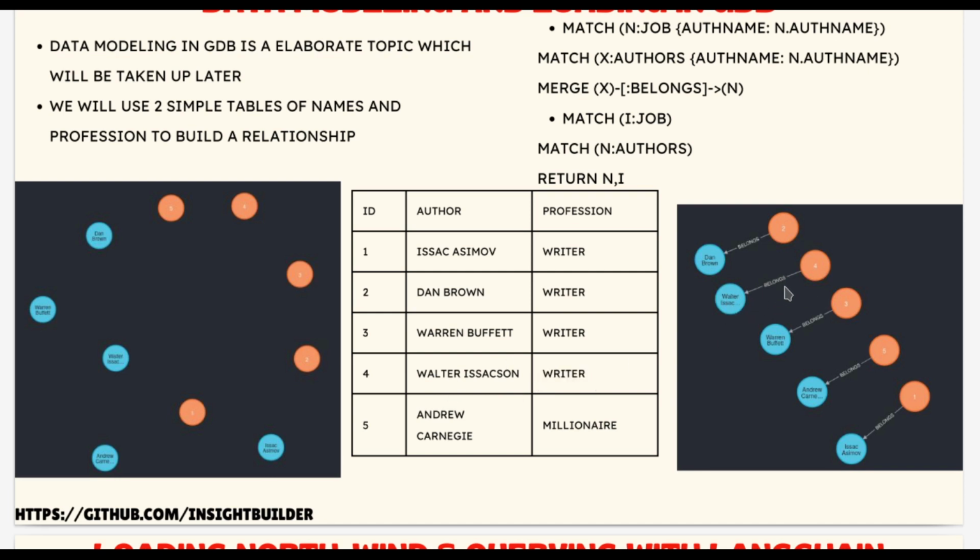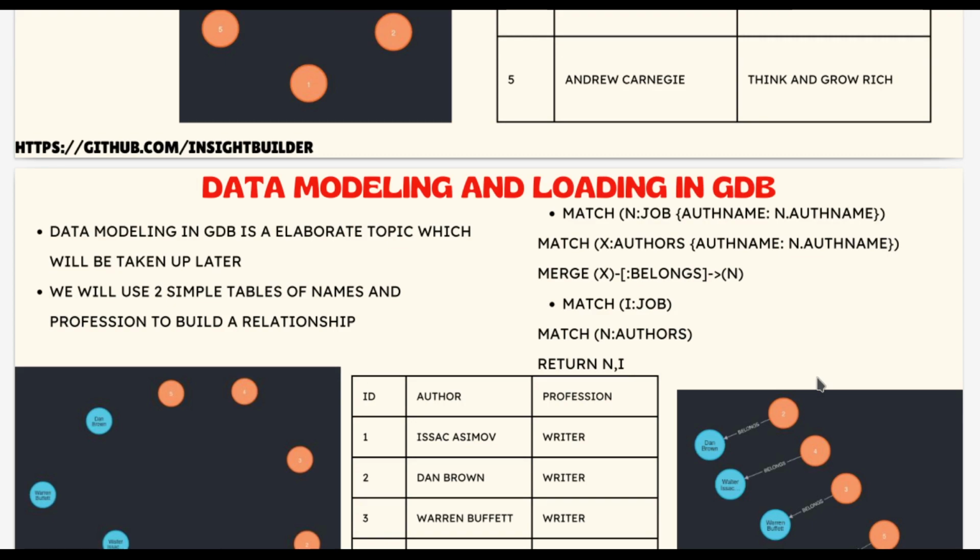Instead of "belongs", I can say number 4 is Walter Isaacson. So we can create relationships like Walter Isaacson is a writer, Warren Buffett is an investor, Andrew Carnegie is a millionaire. Like this, we can create actual relationships, which are much more detailed in nature. I will be introducing how to do this in a couple of minutes.